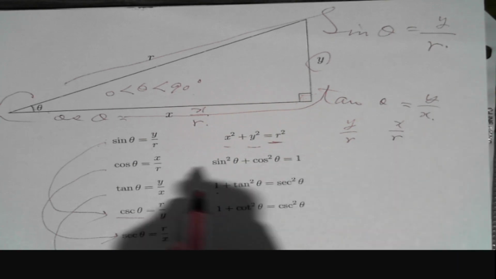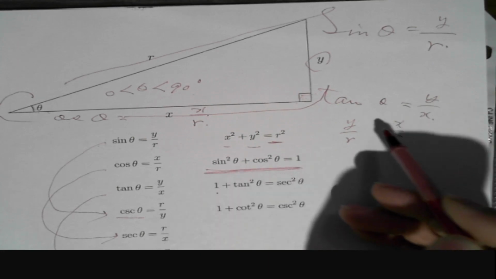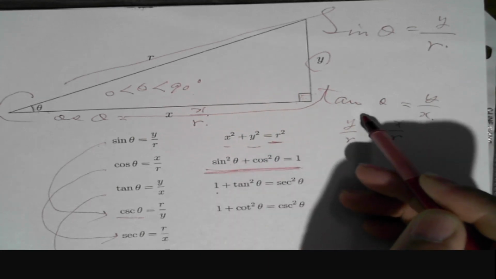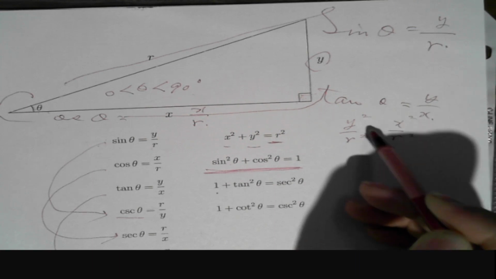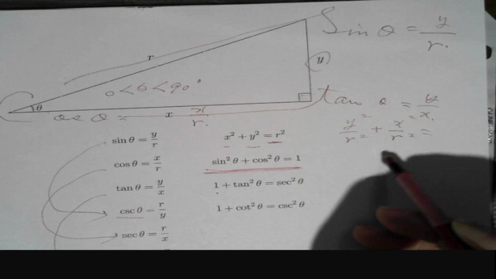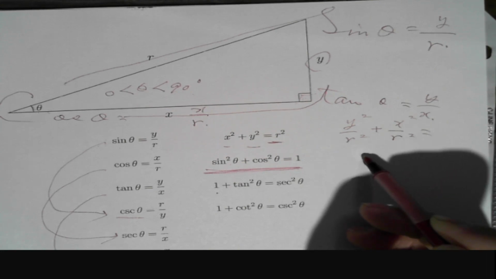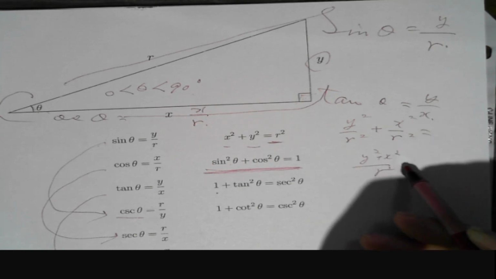Okay, we study now this one. I will show you how we derive this. The square of sine is here, the square of cosine is here, and add them. Now with the common denominator r squared, we can combine y squared plus x squared over r squared.